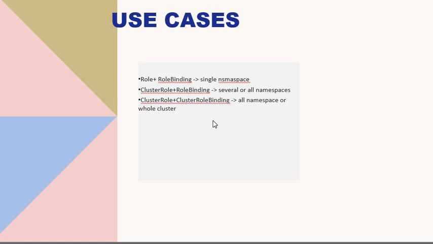Suppose there are 10 namespaces, you can use cluster role and role binding to apply to 7 or 5 or 6 namespaces or all 10 namespaces. And cluster role plus cluster role binding is applicable to all namespaces or the whole cluster. When you mention the whole cluster, that means if you add 2 more namespaces after some time, it will be applicable to those also.